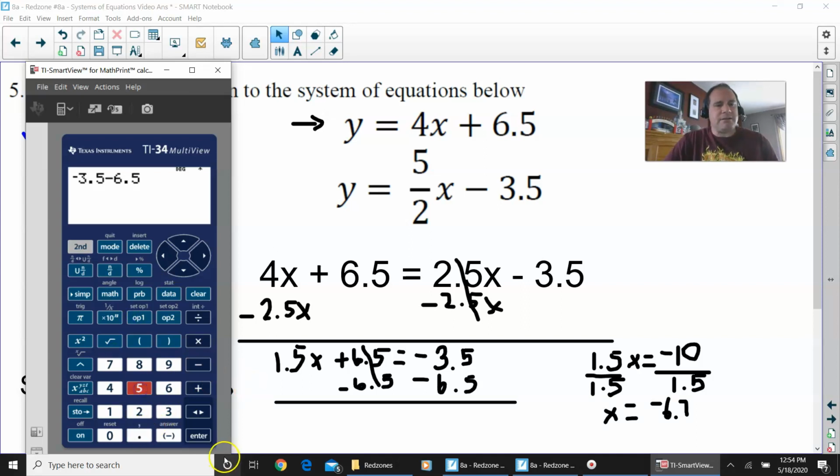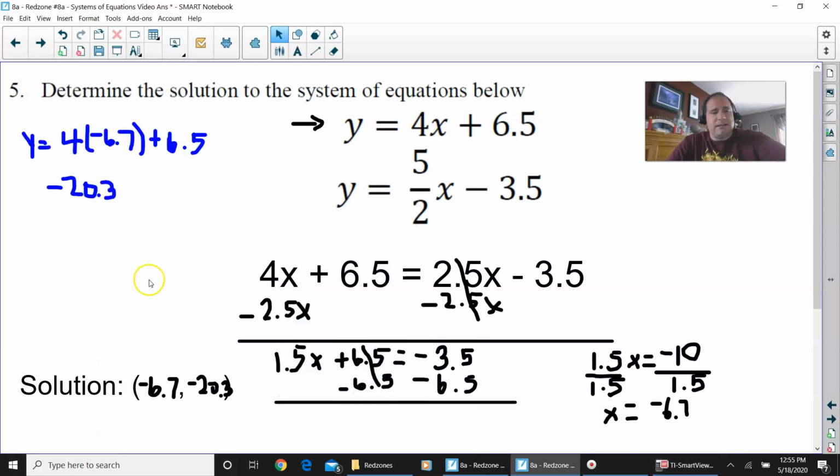You press enter and it'll give you a negative 10, and that's what I have here. So now I have 1.5x equals negative 10, and I divide by the 1.5. All you have to do is press divide, and then divide by 1.5. You'll have your negative 10 divided by 1.5, and I have negative 6.66666, and I rounded it to negative 6.7.